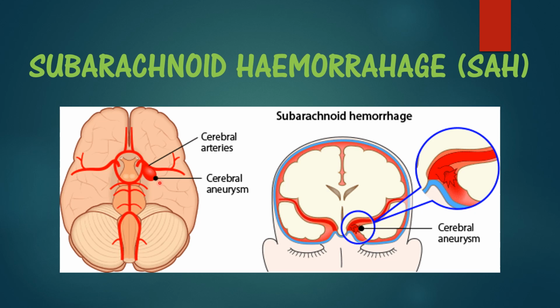Rupture of Berry aneurysm is one of the classical celebrated causes of subarachnoid hemorrhage. It is often seen in uncontrolled hypertension or a cerebrovascular accident. This is how a cerebral aneurysm ruptures, and that will lead to a subarachnoid hemorrhage.